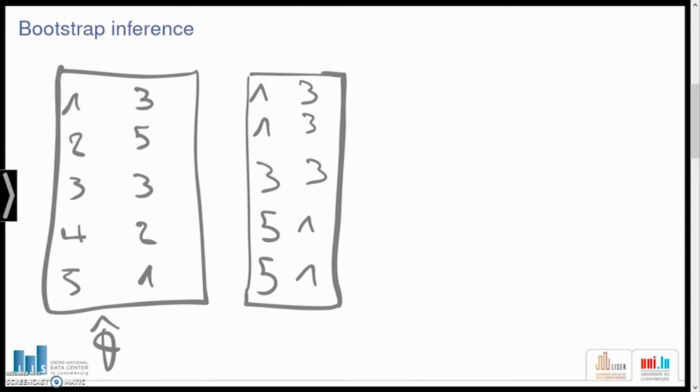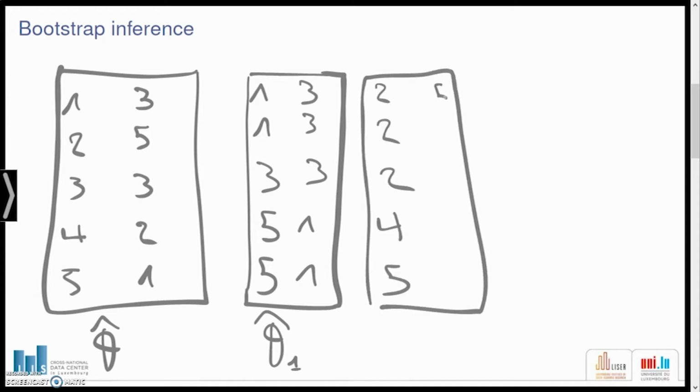That's our first bootstrap sample. Let's re-estimate our Gini coefficient. We've got the new value for the Gini coefficient calculated here, and call it value 1. Okay, let's repeat that, from which we calculate a new Gini coefficient. And we are going to repeat that a large number of times.